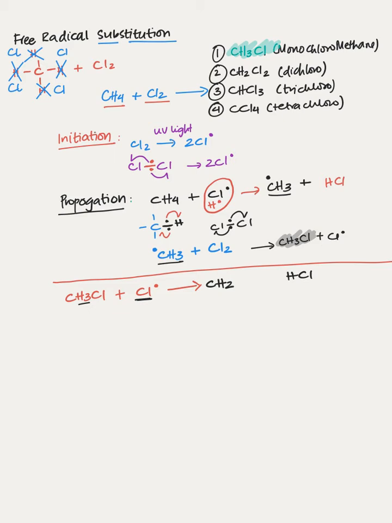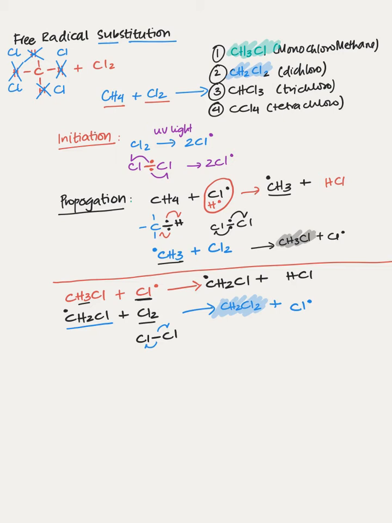So it becomes CH2Cl radical plus HCl. Now CH2Cl radical joins with the Cl2. Now this Cl2 splits homolytically to give two radicals. One radical is obtained as it is, and the other radical joins with this radical to form CH2Cl2. Now we have dichloromethane right here.